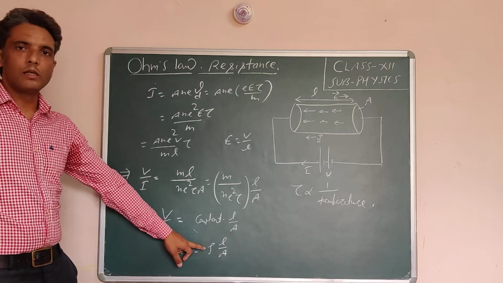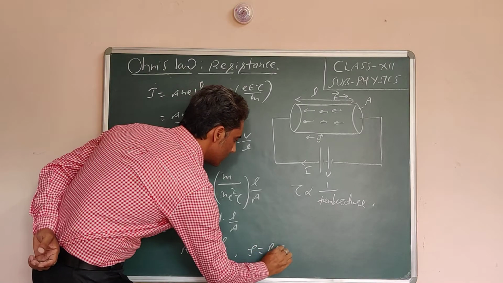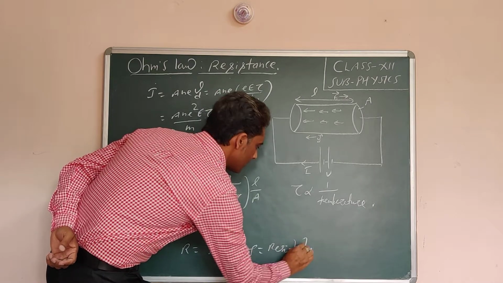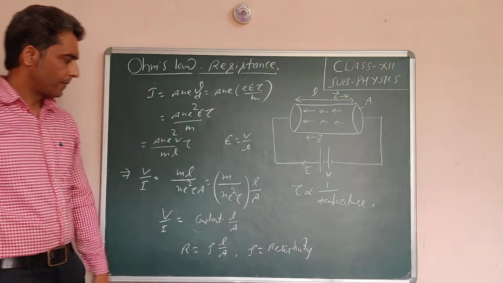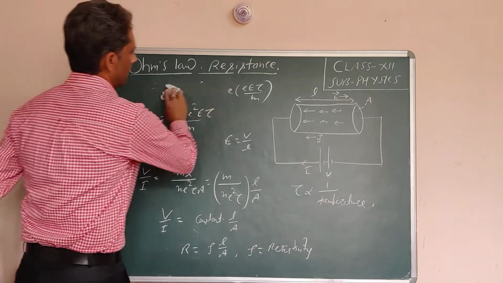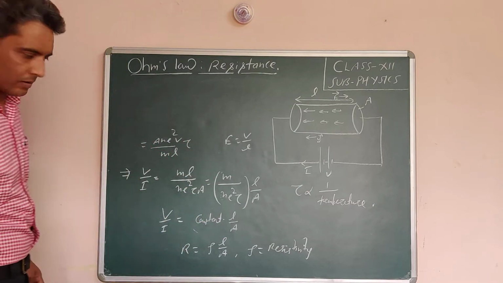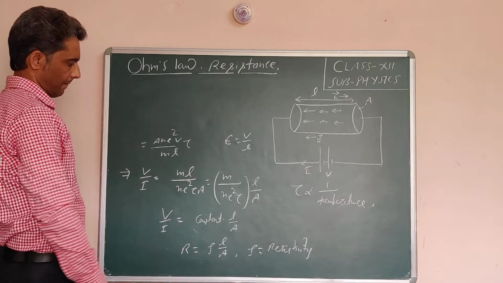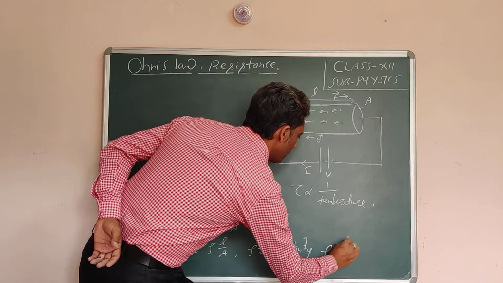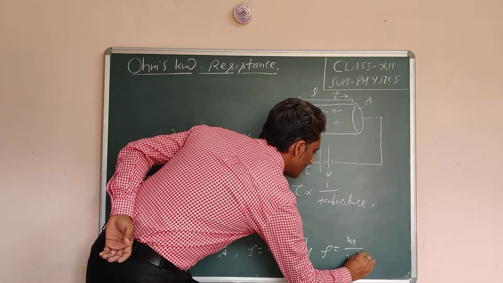Here rho is known as resistivity, the resistivity of the material. Now what is resistivity? We will discuss it. So here this rho is equal to m over n e square tau.